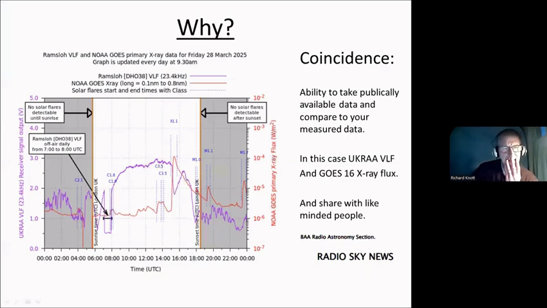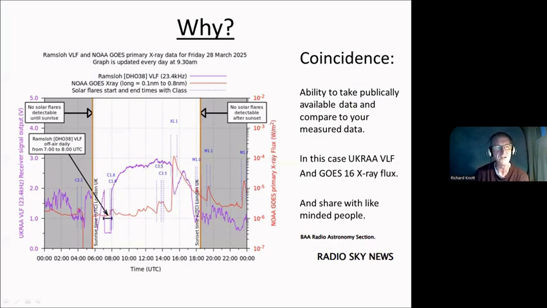The question could be asked, something that Andrew touched on, as to why, as amateurs, we do any of this. I think we have a natural curiosity for coincidence. We are good at pattern recognition, and it gives us satisfaction to be able to make correlation between cause and effect. A case in point, the recent X-class flare that I recorded Friday last week using my UCRA VLF aerial and receiver.